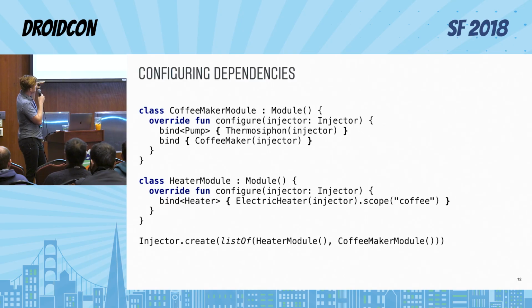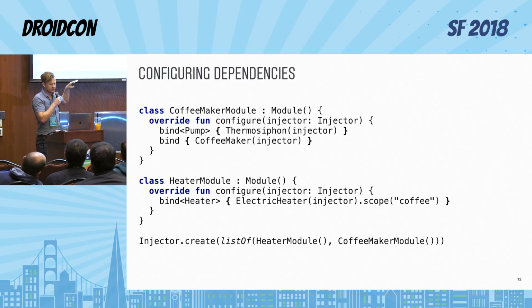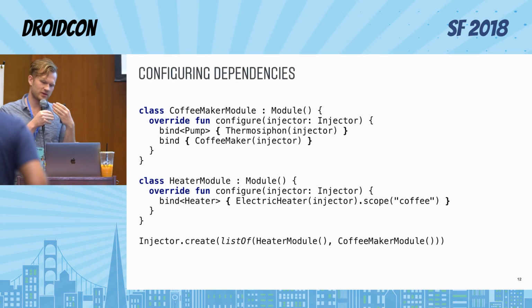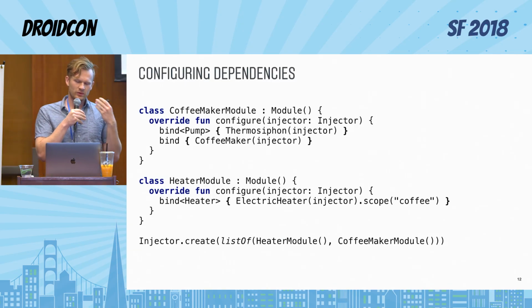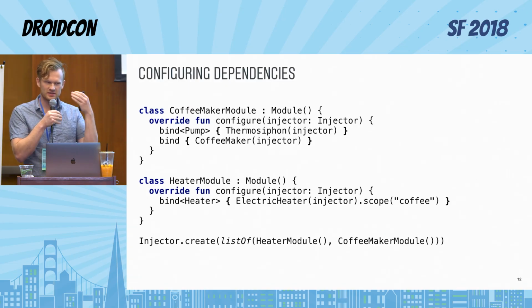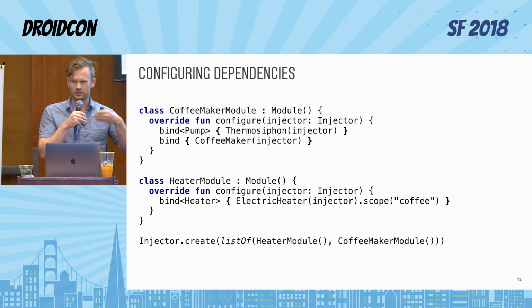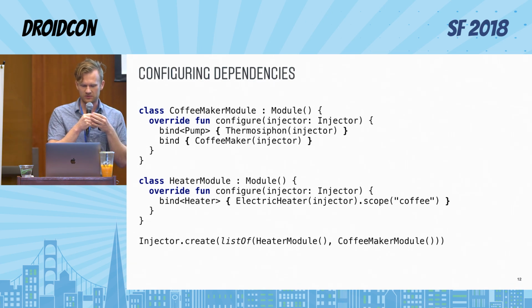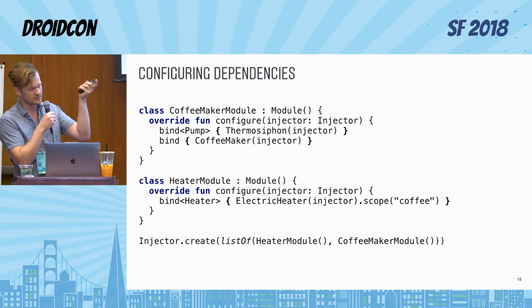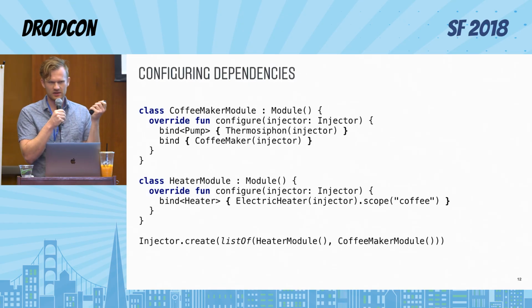The important detail in the second module is that for the heater, we actually specify a scope. When you specify a scope, it means that when we try to resolve a heater, we will cache it for the existence of that scope. So while that scope is active, Injector will keep returning the same instance of the heater. And the last line is basically how you supply your modules to the injector.